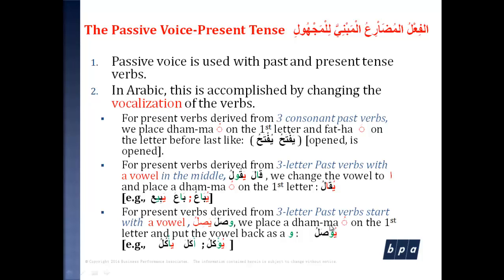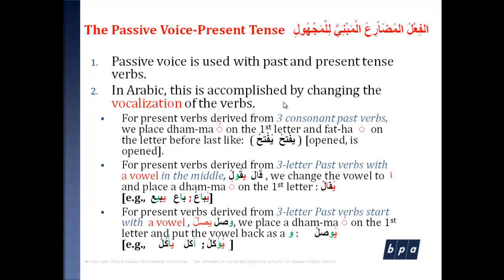Now let's review the passive voice present tense as we did for the past tense verbs in lesson 5. The passive voice is used with past and present tense verbs. In Arabic, this is accomplished by changing the vocalization of the verbs.